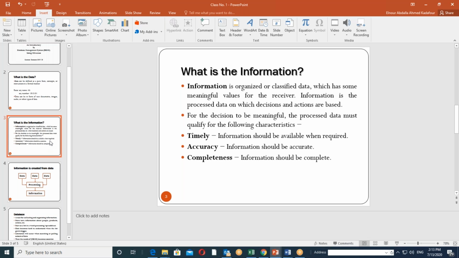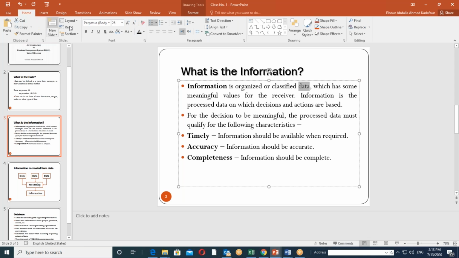It's organized or classified data. We go back to the first term, data. So information will not be found from scratch, but actually it is data in another form. That is organized, that is classified, which has some meaning.